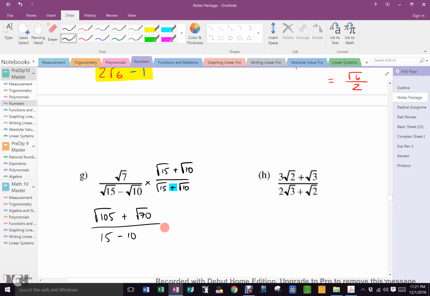Because we know what's going to happen there. So we know this doesn't simplify, and we know this doesn't simplify because it's 7 times 10, which is 2 times 5 times 7. So what I have is root 105 plus root 70 over 5. And I'm done.